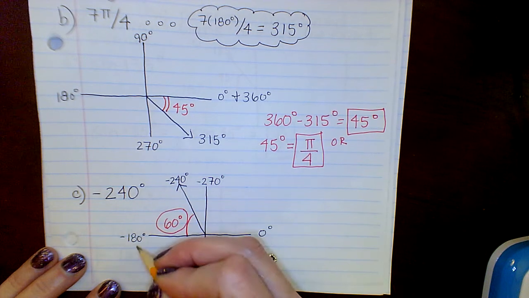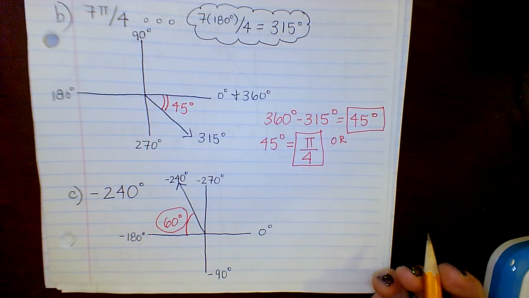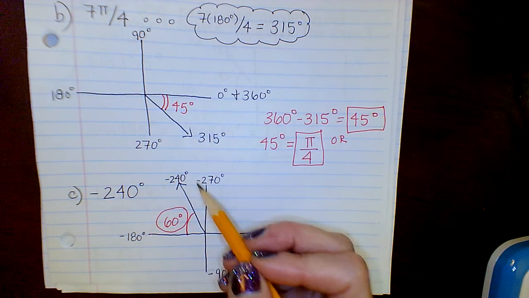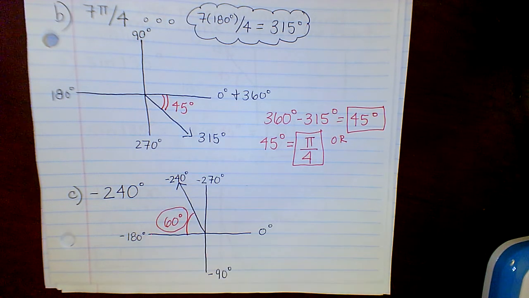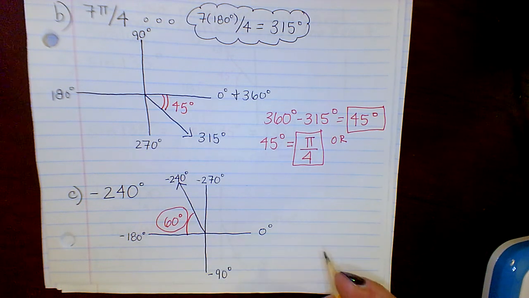The distance between 240 and 180 is going to be 60. Now you'll notice I said 240 and 180. I could have said the distance between negative 180 and negative 240, and you have to subtract the negative and stuff, but you can really just look at it in terms of 240 and 180 and say, okay, that's a 60 degree difference. Now that you know that's the same thing as pi over 3.